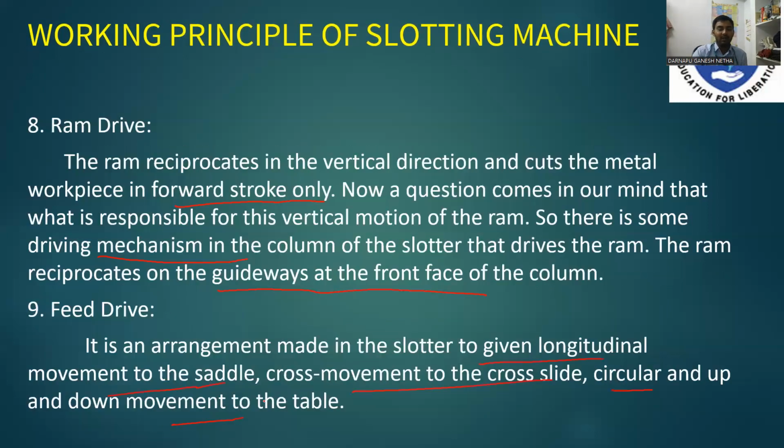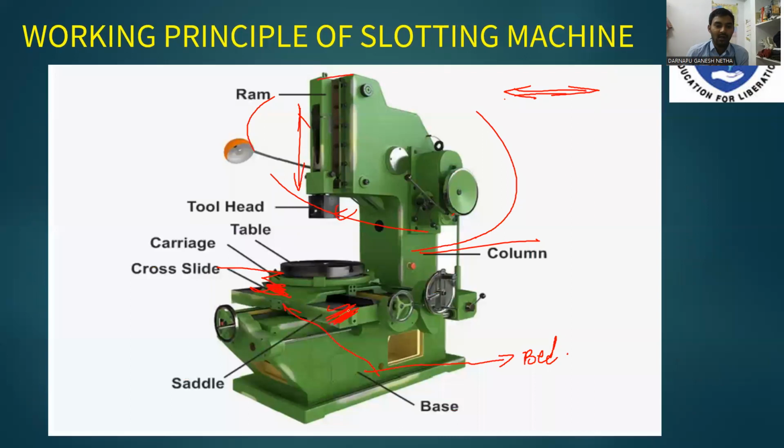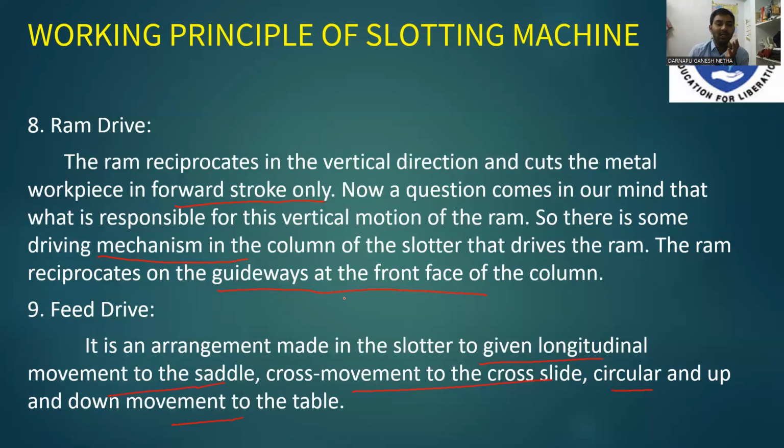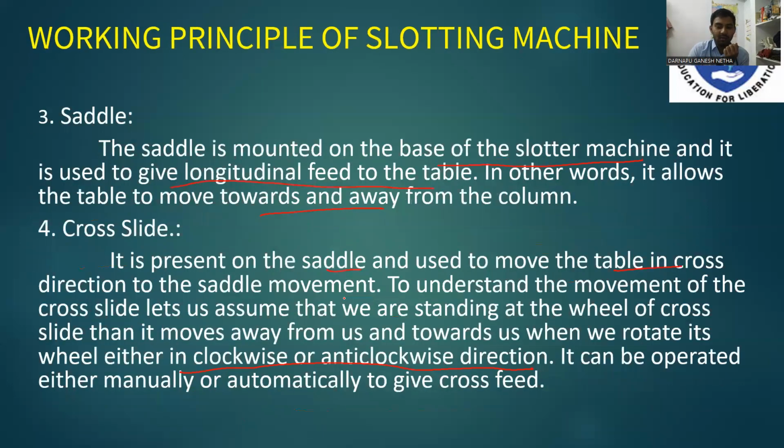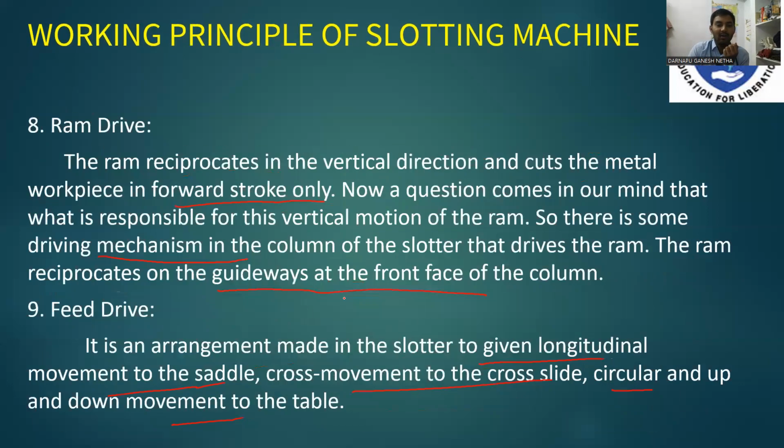The working of the feed drive is the same as the saddle, because it acts in the longitudinal direction as the saddle does. It produces saddle cross movement to the cross slide and circular and upward and downward movement to the table.